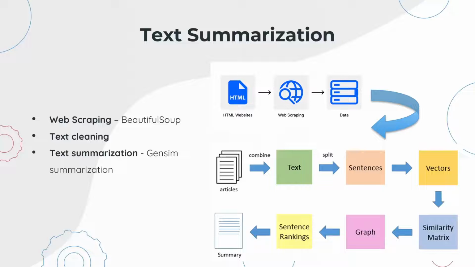We have carried out web scraping using Beautiful Soup, text cleaning, and text summarization using Gensim. Gensim works with the TextRank algorithm, which utilizes an extractive summarization approach to extract the highest-ranked sentences based on text similarity. If users want to learn more beyond the summary, they can access the original content by redirecting to the external website provided on the chatbot interface.